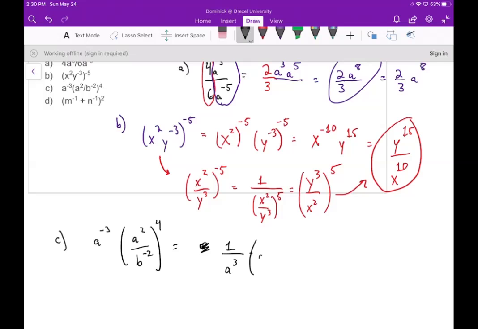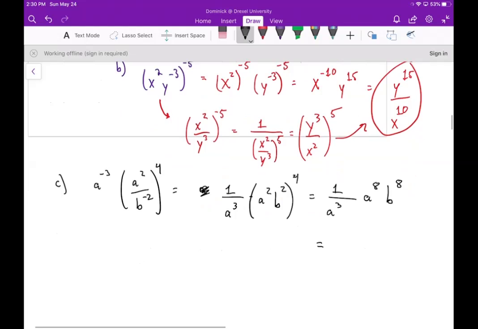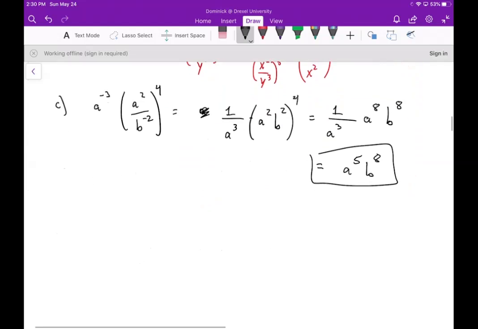And then the parentheses will become a squared b to the +2, because we'll bring that up top, and then all to the 4th. So we have 1 over a to the third times, this will become a to the 8th and b to the 8th. So then if we simplify our a's, we're going to get a to the 5th, b to the 8th. All right, so those are a couple examples on simplifying.